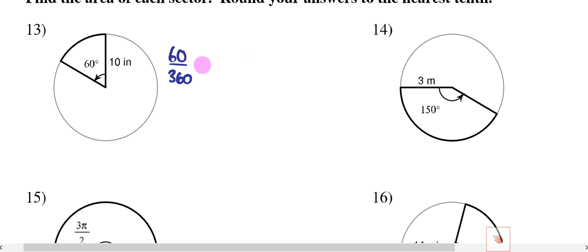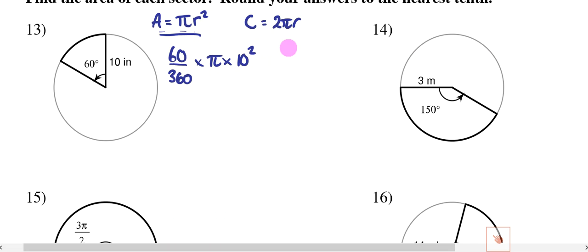Multiplied by the area of an entire circle, which is pi r squared. You have to remember that. The arc length is a fraction of 2 pi r because that's the circumference, but this time we're using area. So we just need times pi times r squared, and r squared is 10 squared.